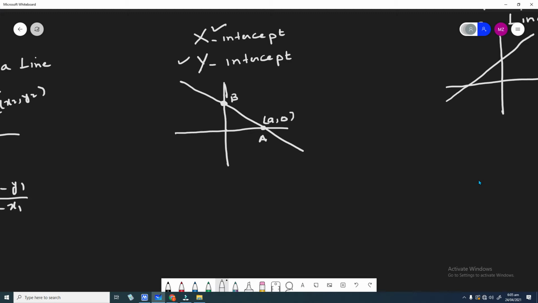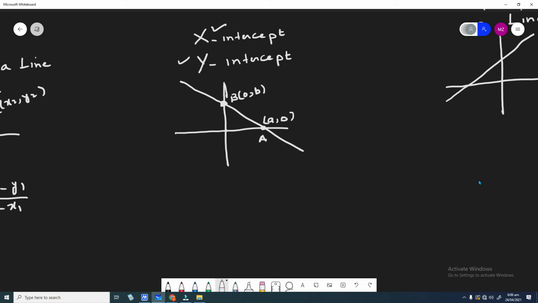Its x will be some number, maybe 2, 3, 4, or another number. Similarly, this point B, which is lying on the y-axis, its x will be 0, and y will be some other number, depending upon the location of the point B. So all the points lying on the x-axis will have this format, that is a, 0. Similarly, the point which is lying on the y-axis will be 0, b.